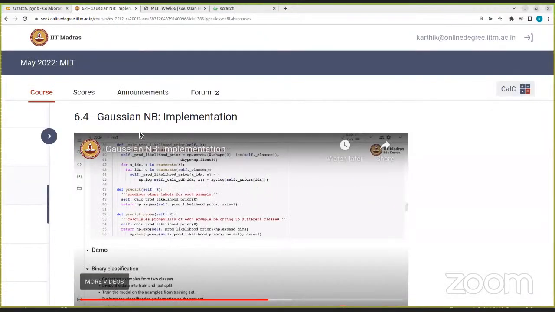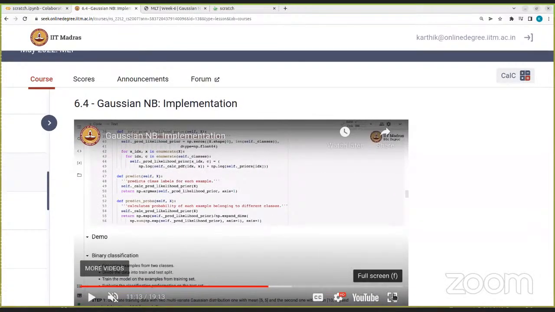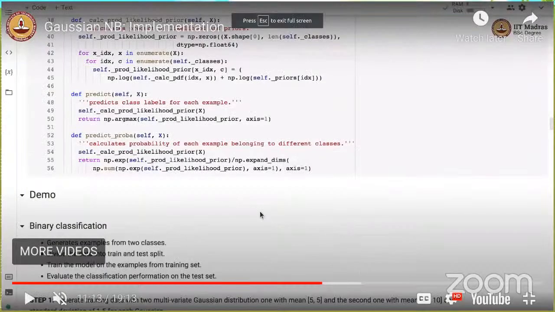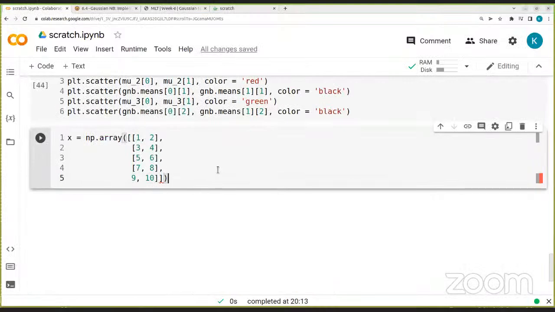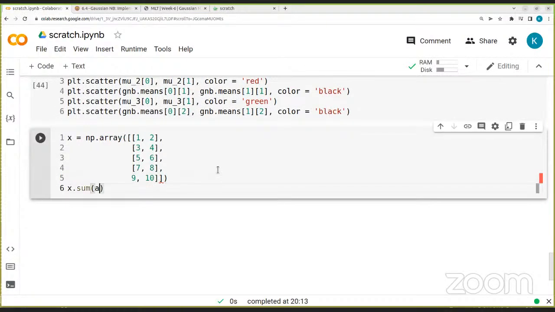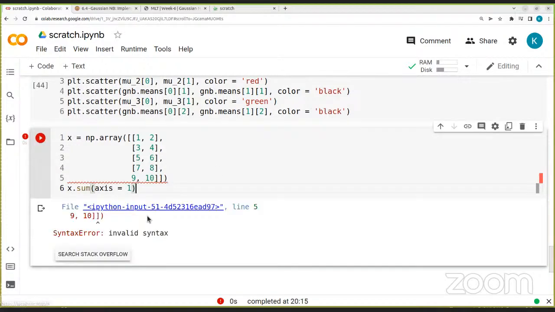What we intend to do here is, you have some sum for each row, right? And you want to divide each row by some number. That's how you get a probability, right? So you're summing across axis 1 and you want to divide by that number everywhere. So you want x.sum(axis=1). Let's first compute that.